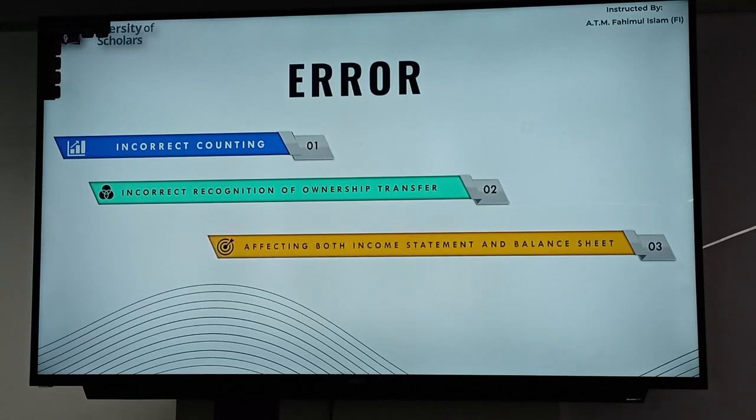Finally, affecting both income statement and balance sheet is not something desired from the inventories. Inventory must increase or decrease the current asset. Usually it increases when we have inventory, but it should not affect the income statement. But cost of goods sold must affect the income statement, but should not come in the balance sheet. We must be careful about these issues.